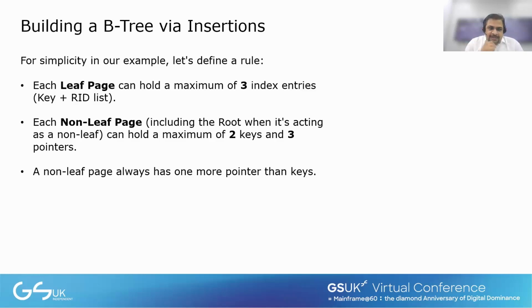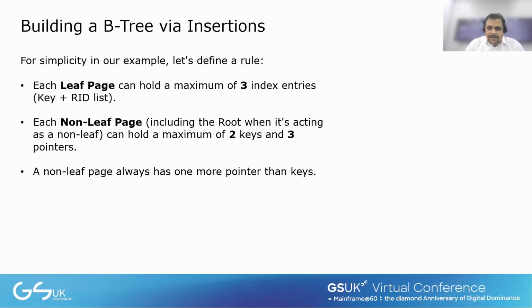Each non-leaf page, including the root when it acts as a non-leaf, can hold a maximum of 2 keys and 3 pointers. Why 3 pointers? Because 2 pointers are needed for the keys and 1 pointer is needed for the next level, pointing to the next non-leaf page or the leaf page.